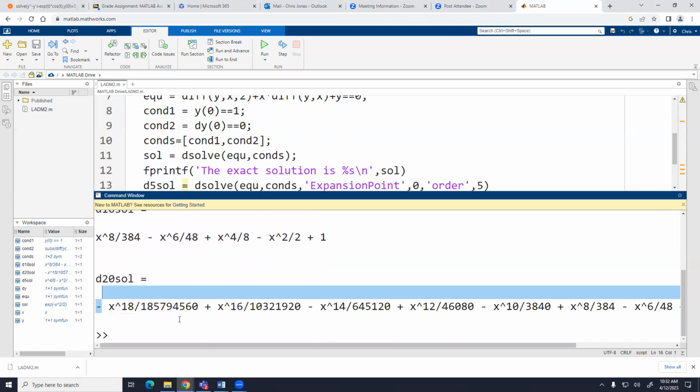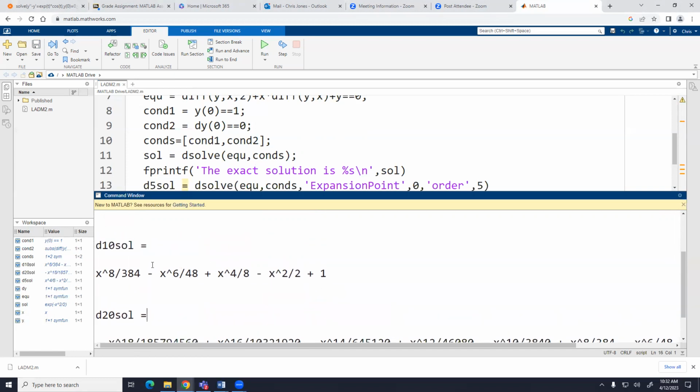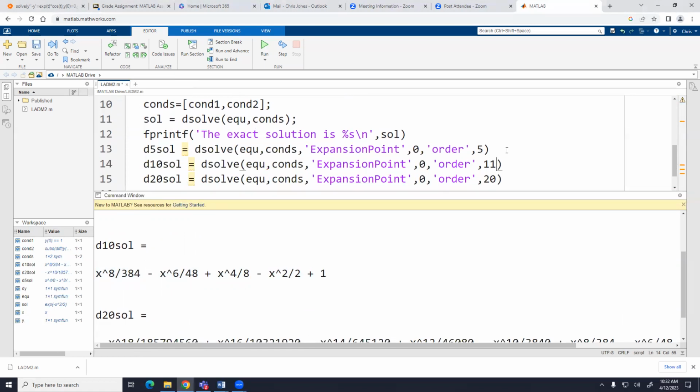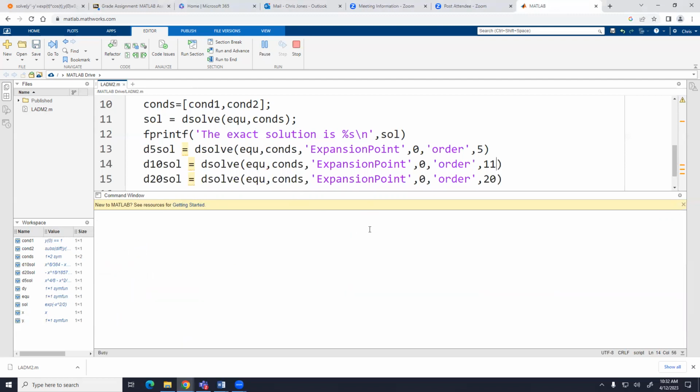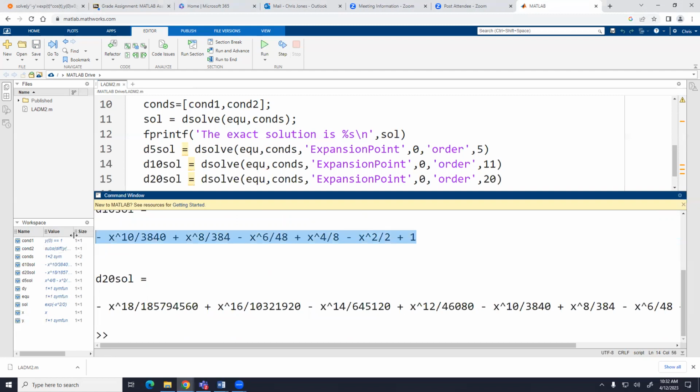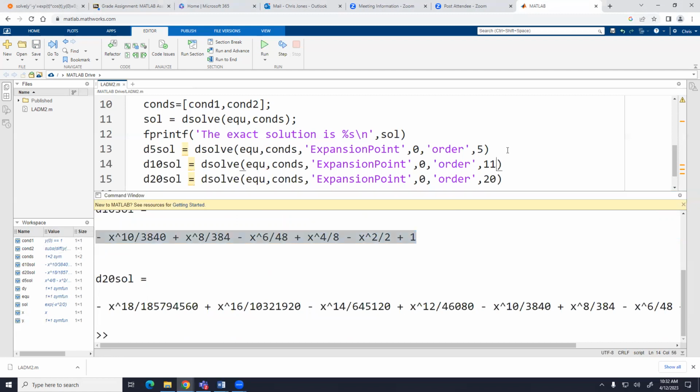If you said the reason why we don't get a 5th is because it's even, how come we don't get a 10th or 20th? I don't know. Let me put in 11 and see what happens. Maybe it just goes up to that order. If I put 11 there, it gives the 10th degree. So I guess you would have to have D solve 10 and then one more than that.